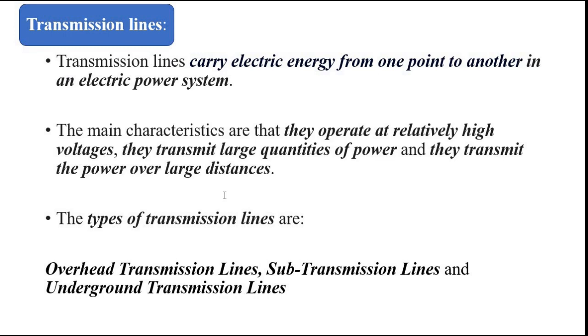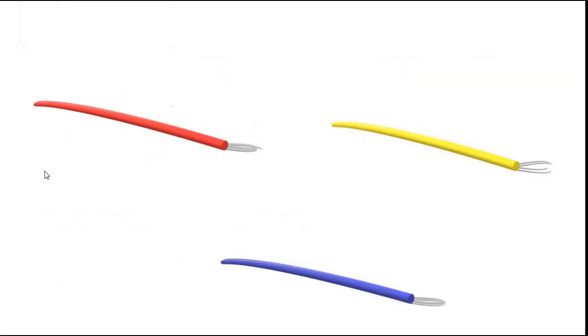So they operate at relatively high voltages, and they transmit very large quantities of power over long distances, okay. These are the main characteristics of transmission lines, and there are different types: overhead transmission lines, then sub transmission lines and underground transmission lines. We'll discuss them in detail. So these are the transmission lines.